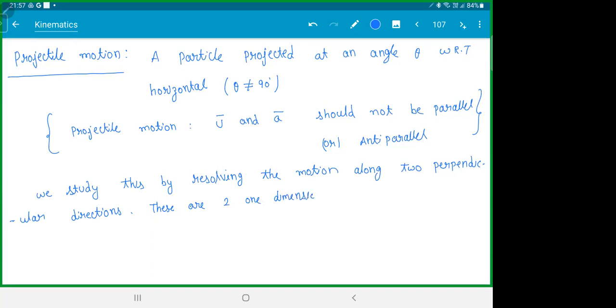And you know how to study one-dimensional motions. You know how to study when something goes up and down, and you know how to study when something goes left and right. That's what you have done till now. And then we get the resultant motion by adding these two vectorially. I'll tell you what it means. Let me show you a diagram.